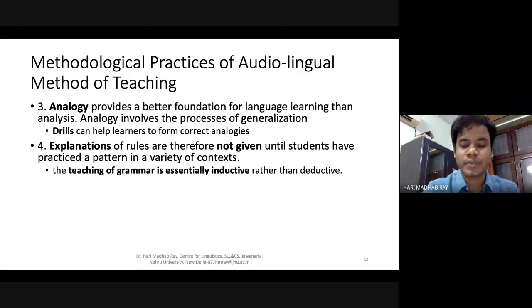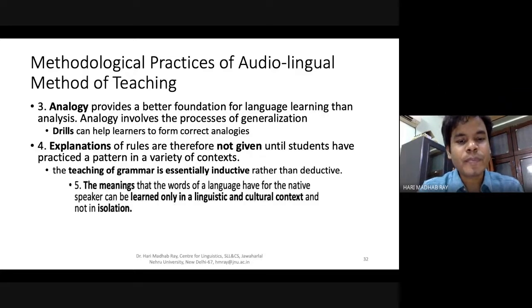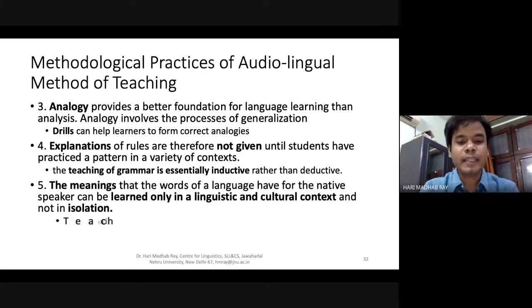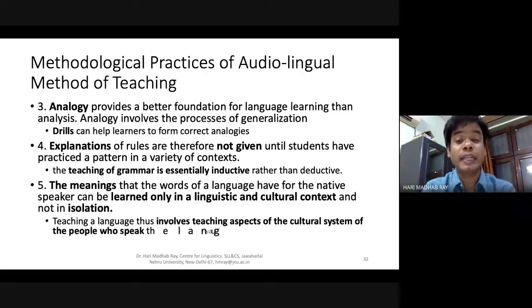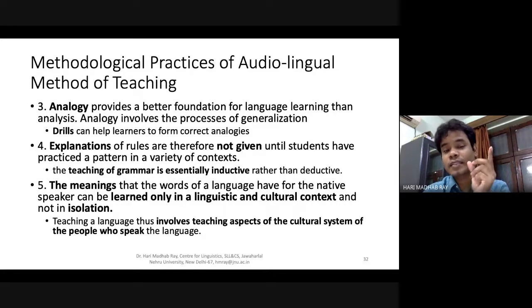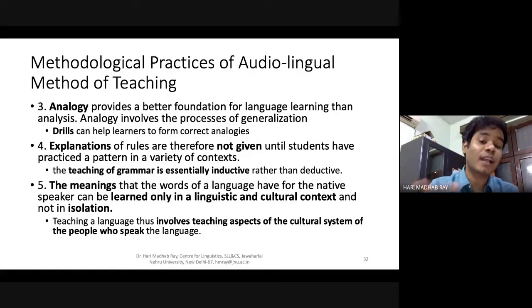How is it going on? You see, the meaning that words of a language have for the native speaker can be learned only in linguistic and cultural context, not in isolation. Remember, in the grammar translation method, many words are taught to the learners in isolation, but in this case, they are not introducing those words or vocabulary in isolation, but rather in the linguistic and cultural context.